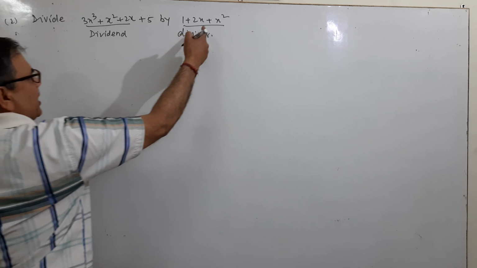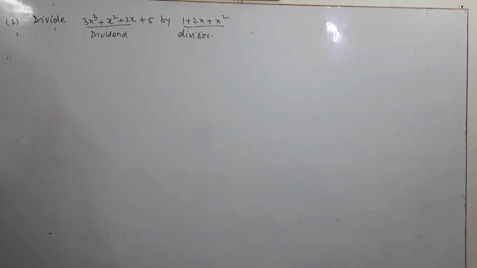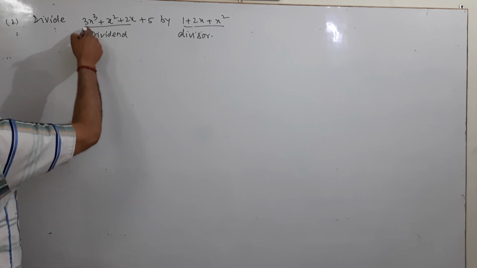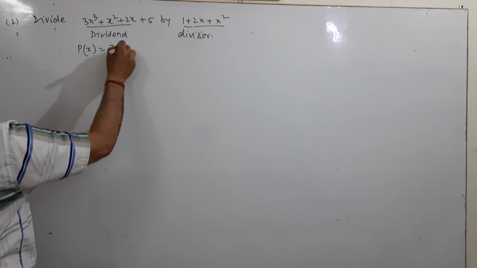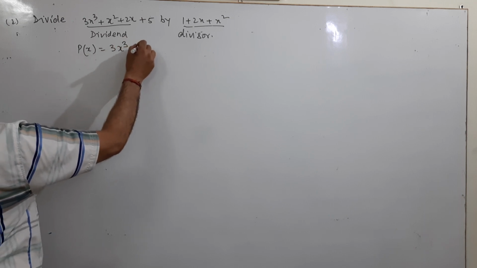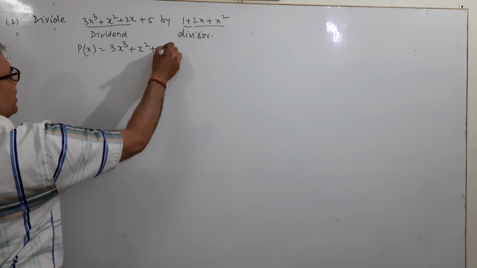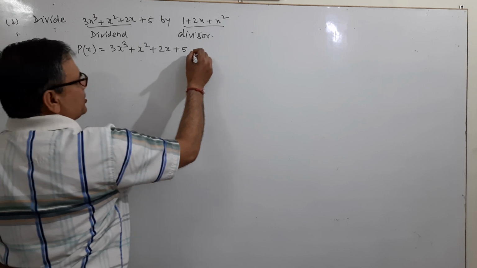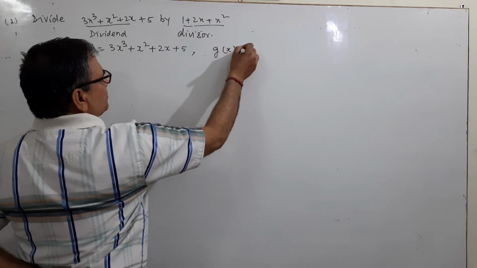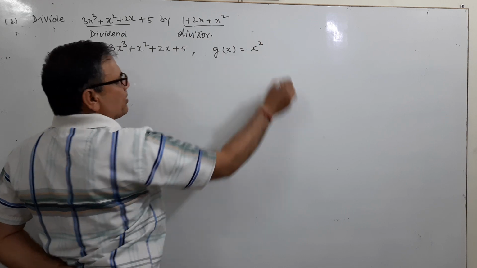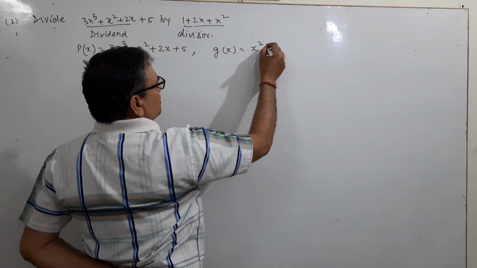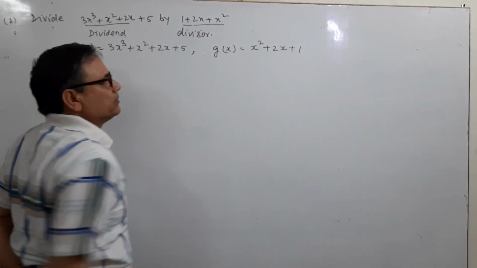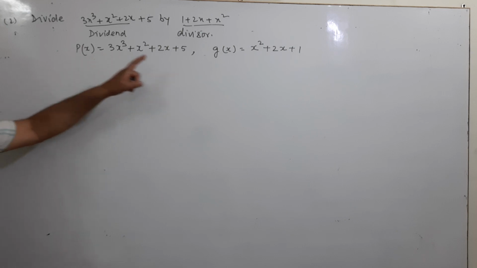First, we have to write this in standard form. p(x) is 3x cube plus x square plus 2x plus 5, your dividend. And g(x) in standard form is x square plus 2x plus 1. Now we have to divide p(x) by g(x).